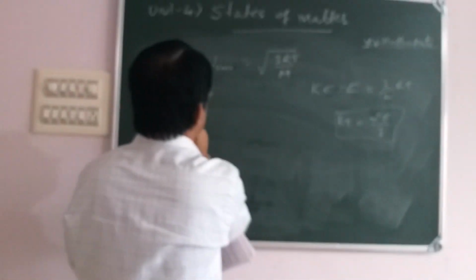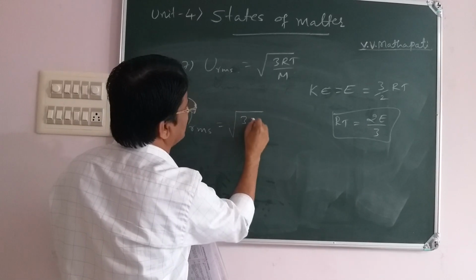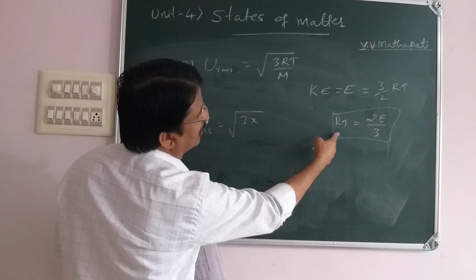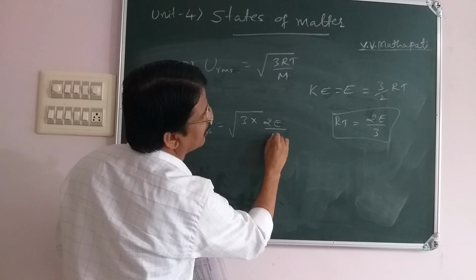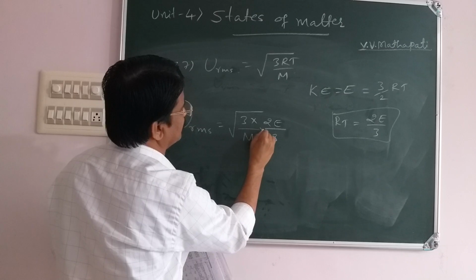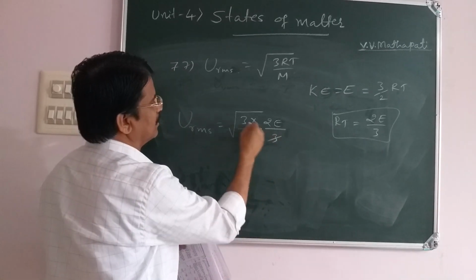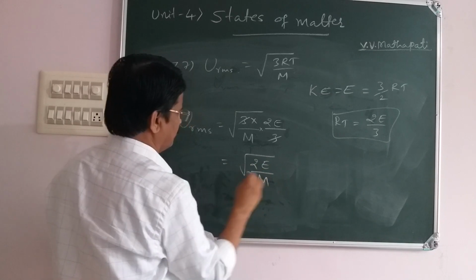Now substitute here: U_RMS equals root of 3 into RT, which is 2E by 3, divided by m. The 3 cancels, giving root of 2E by m.